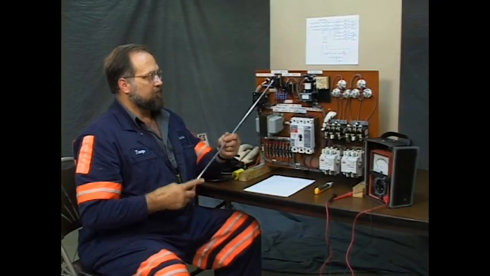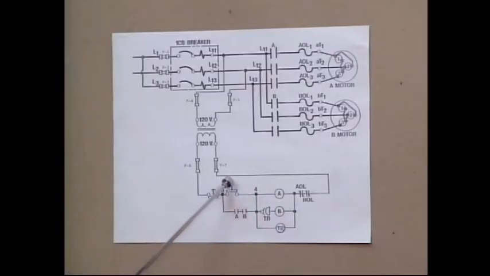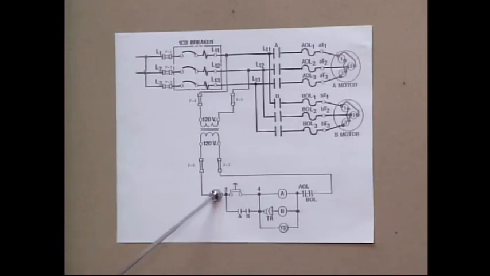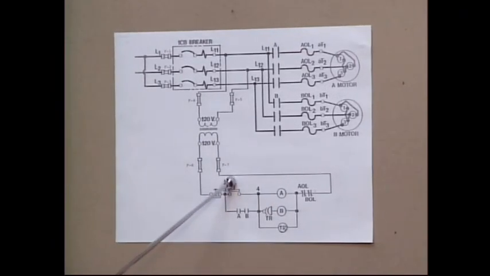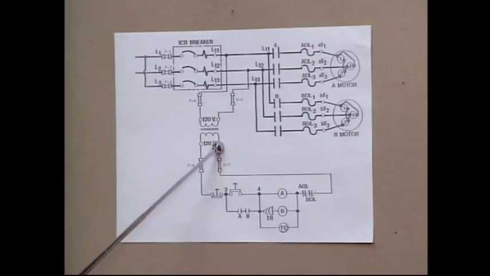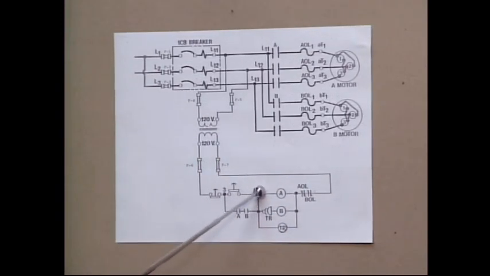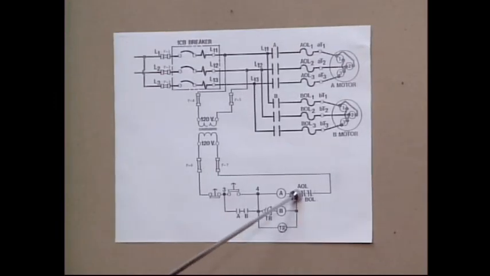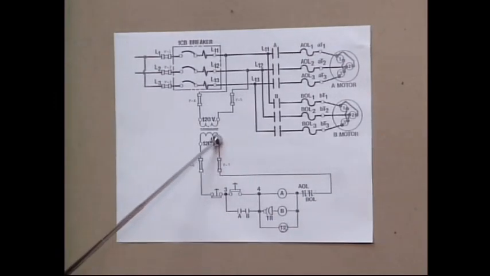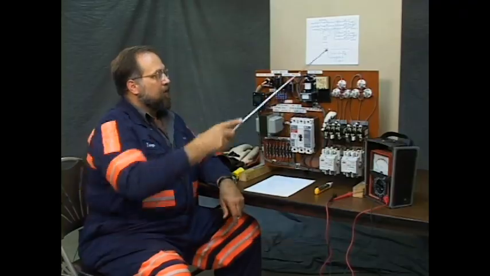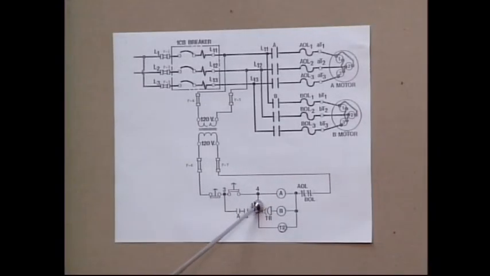Note that when I was illustrating the A contactor closing, we showed a circuit. When we made the start switch, it went to the coil, through the coil, and then returned to the transformer. The timer did the same thing. To the coil, to the TR coil, through it, and then returned to the transformer. We hear this contact make, but B doesn't go.